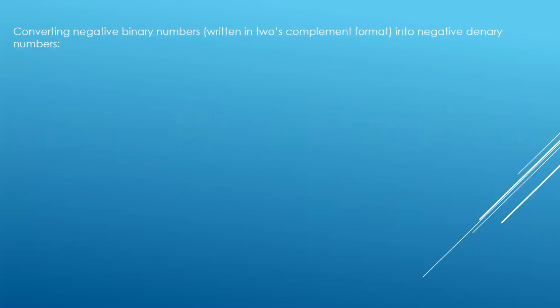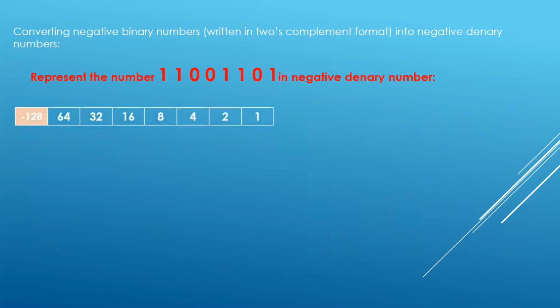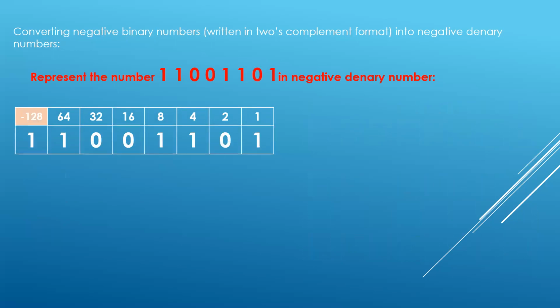Now, this is one more question. You are given a value, and you are asked to find out the equivalent decimal number. What will you do? Simple. You will put them in the right order: 1 1 0 0 1 1 0 1.